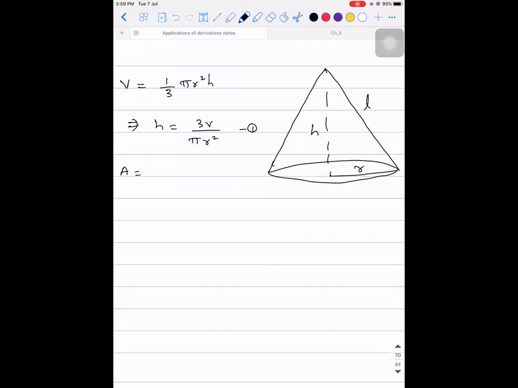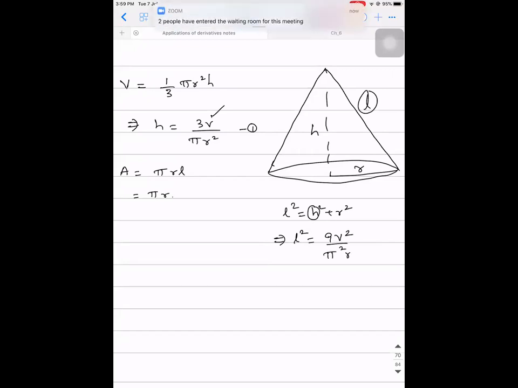The area of this cone is pi into r into L, that is the curved surface area. In the place of L, what can I write? L square is equal to h square plus r square, which implies L square is equal to, in the place of h, substituting 3v by pi r square, 9v square divided by pi square r power 4.